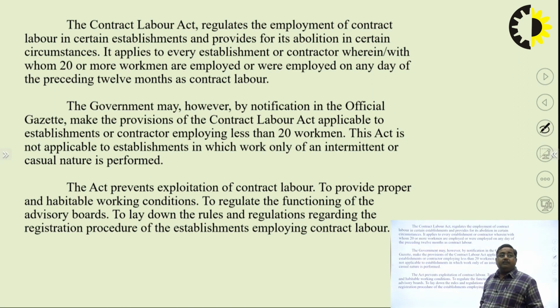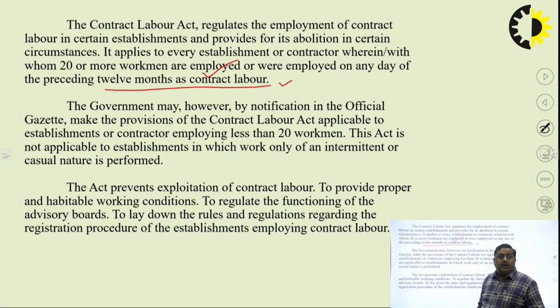The Contract Labour Act regulates employment of contract labour in certain establishments and provides for its abolition in certain circumstances. It applies to every establishment or contractor with whom 20 or more workmen are employed, or were employed on any day of the preceding 12 months, as contract labour.